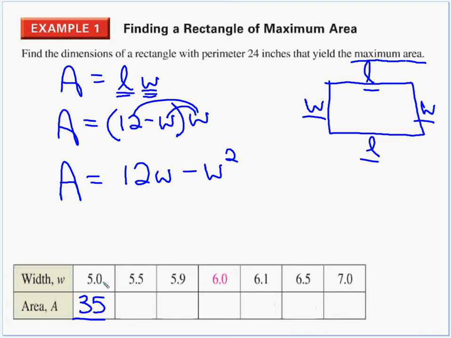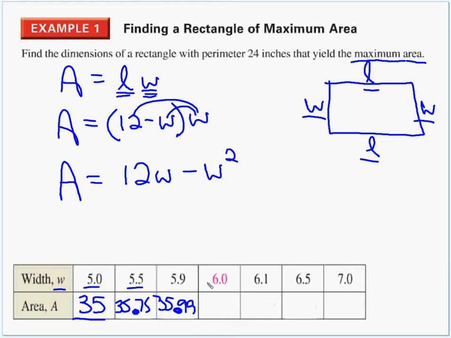Well, let's see what happens if we change our width a little bit to 5.5. Our area goes up to 35.75. Well, let's go up a little bit bigger. Instead of 5.5, let's make it 5.9. And then we get 35.99.